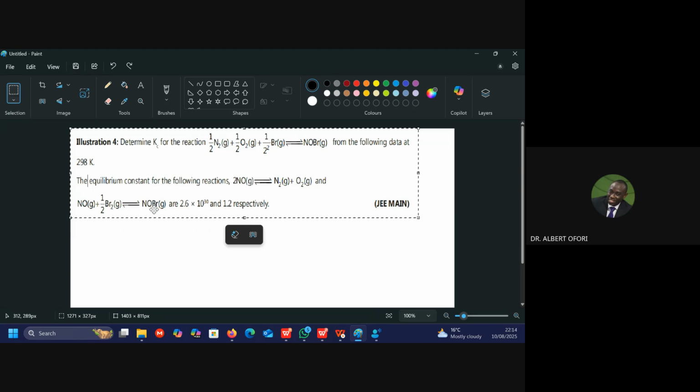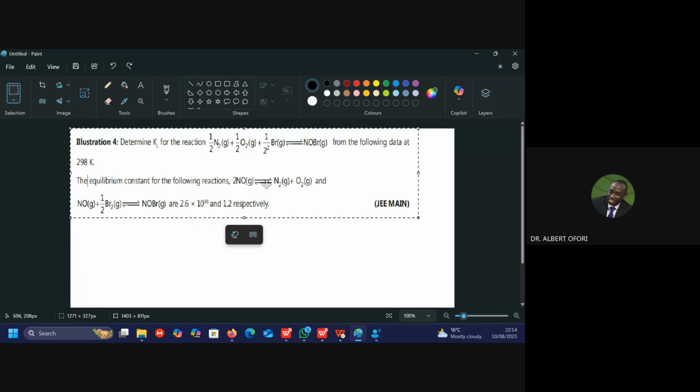Now, what happens to the overall reaction which we are looking at? If I look at the two reactions, it means that I will not do anything to the second reaction. But the first reaction, it looks like I've reversed it. Here, the reaction says nitrogen and oxygen is at the product side. But if I look at the reaction which it says I should find, nitrogen and oxygen is at the reactant side.